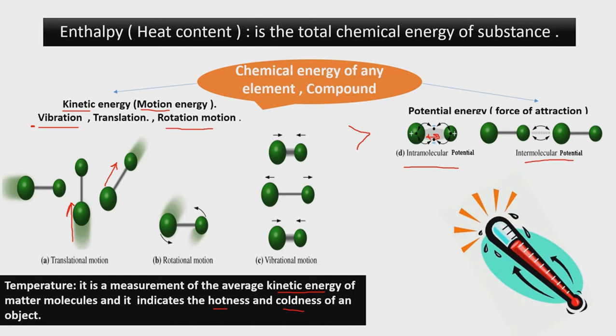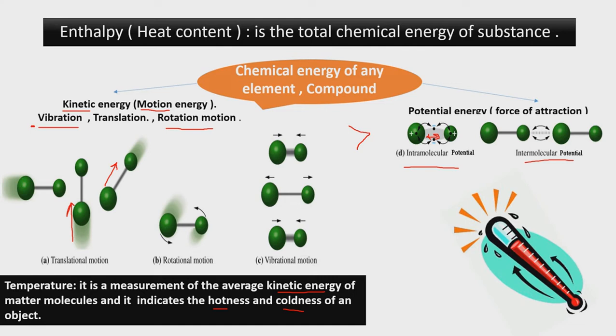So, the heat content or enthalpy is the total chemical energy of the compound. Mainly we care about the kinetic energy, not the potential energy, because the potential energy value is very low. And temperature is the average change in the kinetic energy of the compound, not the potential energy. We can measure it by thermometer.